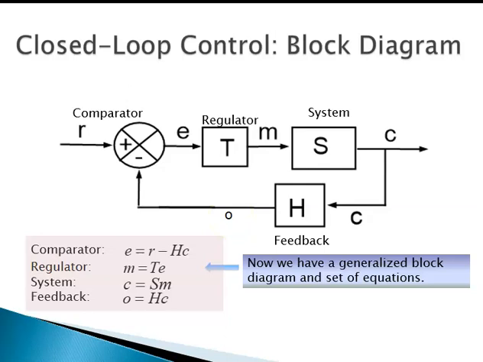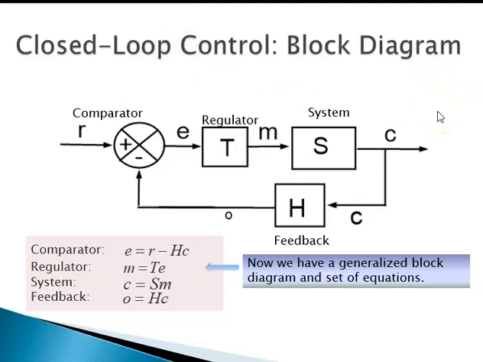This applies to any system. It may be reference speed, reference temperature, reference acceleration, and so on. This E is the error in the speed, or error in the temperature, or error in the acceleration. The mathematical equations are all the same for any given situation. That is why we say it's a generalized block diagram.